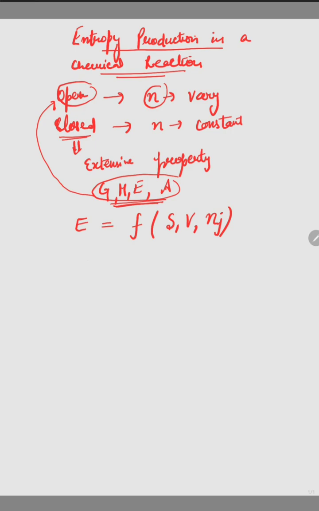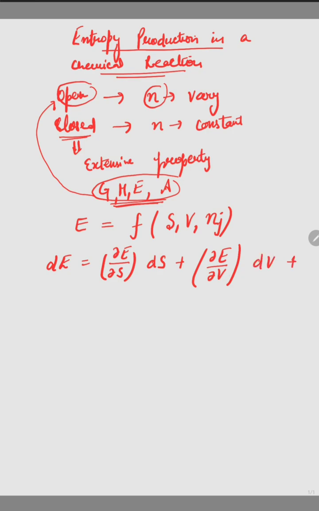Okay, so when we differentiate this, dE, just apply the method of differentiation. First differentiate E with S into dS, then differentiate E with V into dV, and at the last we differentiate E with Nj, number of moles, into dNj.